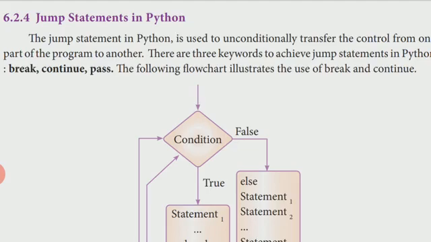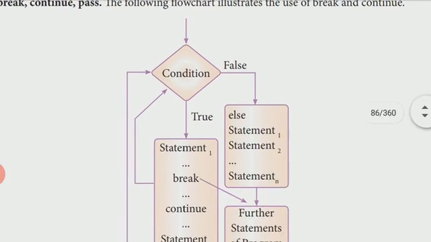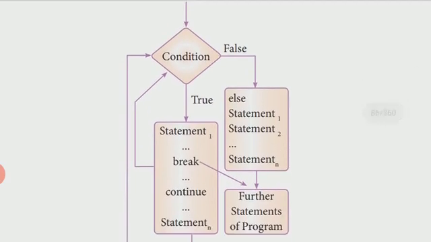See, this is the example to explain the break and continue statements. First we enter into the condition. When the condition becomes true, it will execute the statement here. In between, if you give break, it directly comes out from that loop and then executes the remaining part of the program.